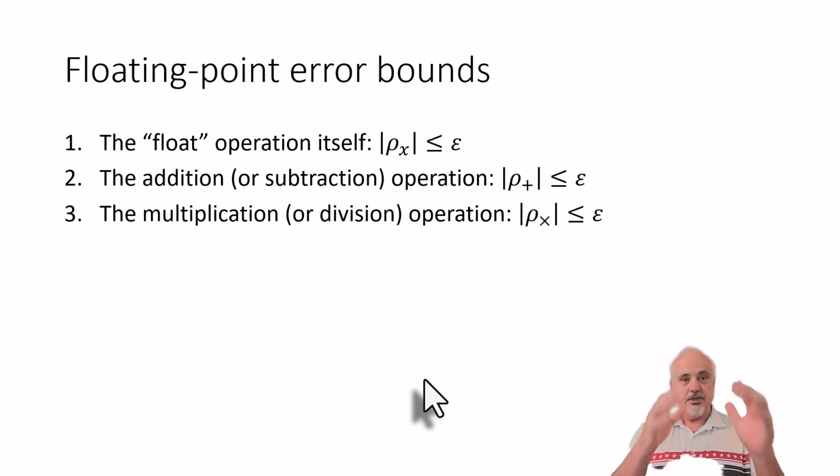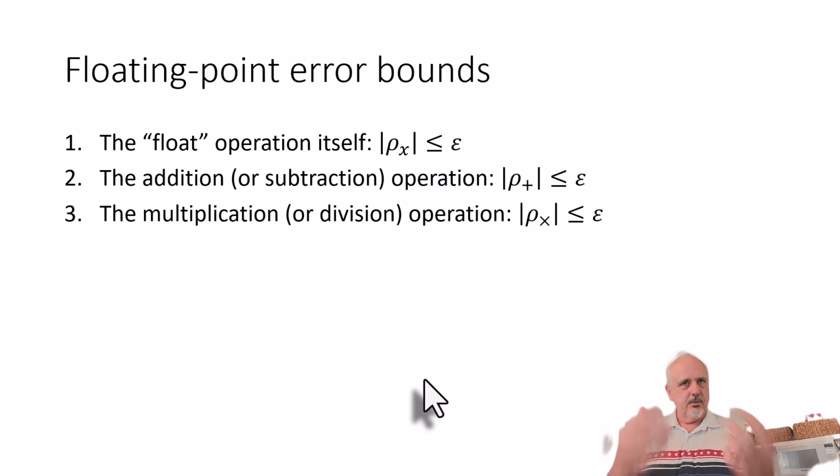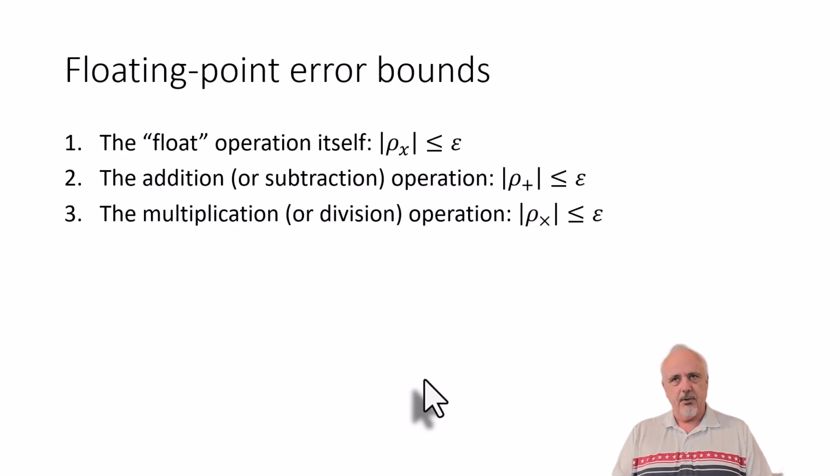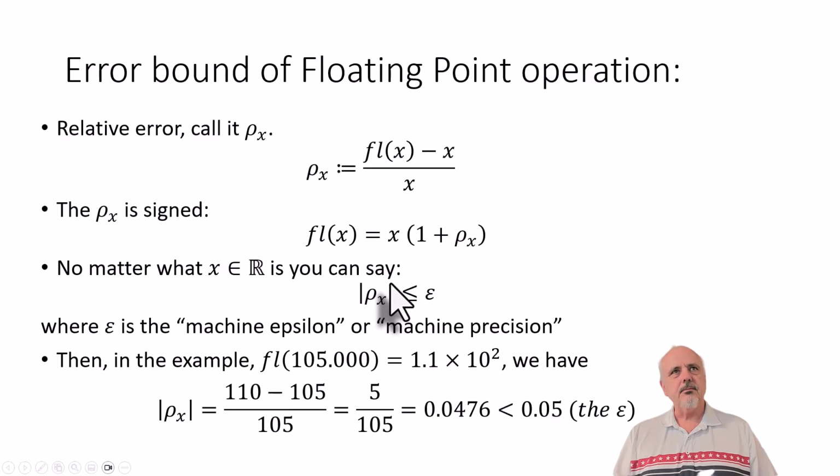Okay? All right, so we're going to look at three different floating point operations. There's the float operation itself, there's where you add two floats together, and there's when you multiply two floats together. Add and subtract are analogous; multiply and divide are analogous. So we're going to try to establish the bounds for these operations. So float, we've already looked at that with the pi, but let's look at it again.